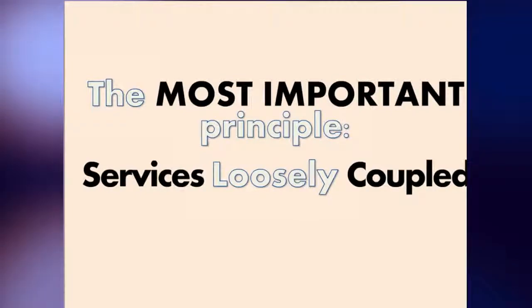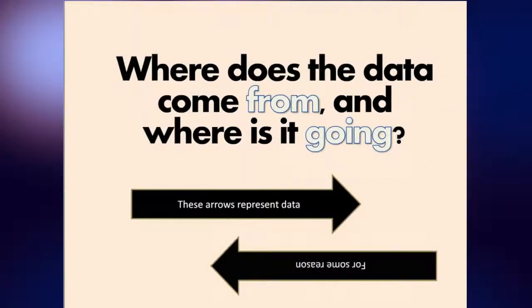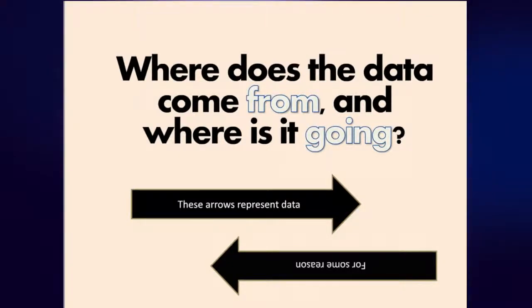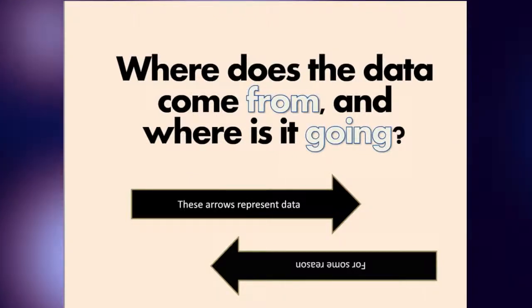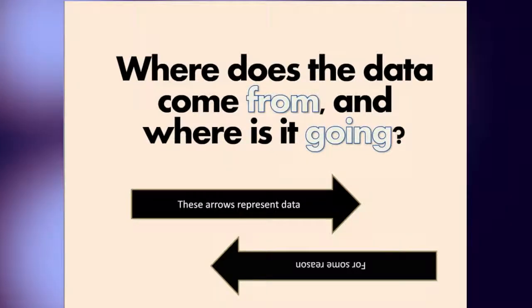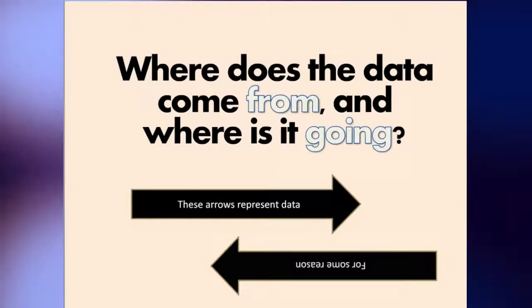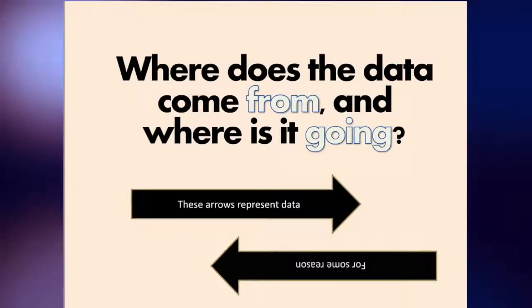In looking at those loosely coupled services, one of the things we have to identify is looking at this information from a data standpoint and saying, where does the data originate, where is it going, and in what way is that data transformed in that movement? So rather than thinking about just the end result, we're also thinking about where it begins.